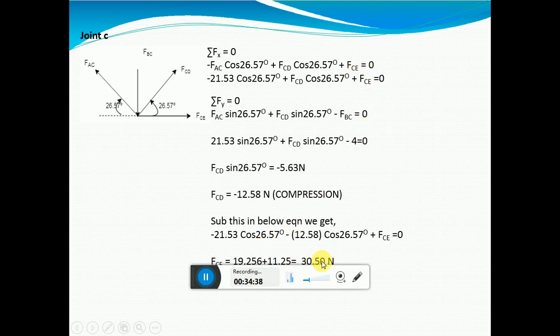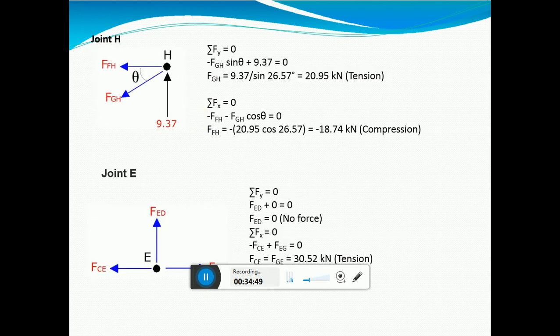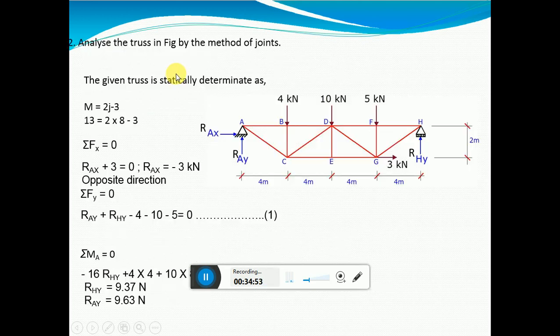So CE is 30.59. It is in tension because you got positive. Our assumption is correct for CE. Next, moving on to joint H. In joint H, see how the forces were.